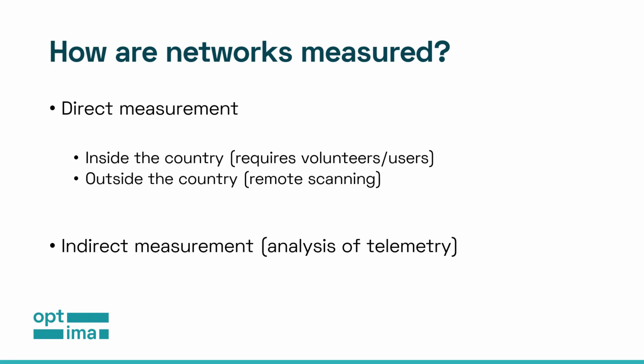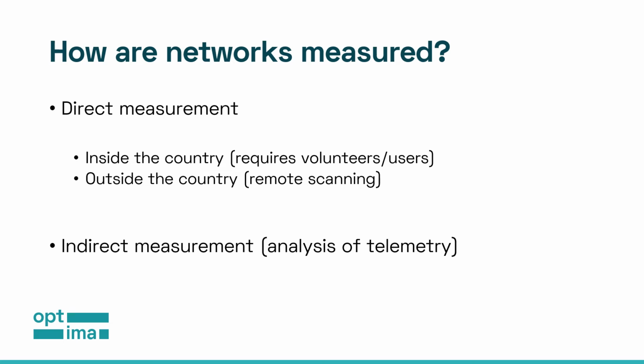Another benefit as well is that you can potentially test many more websites and many more services than what you can potentially test on the ground as a user. But because you are not performing the measurements from inside the network, there is the risk that the data may be a little bit less accurate. So there are different benefits and different trade-offs depending on the approach that you choose. Both are complementary and both are essential.